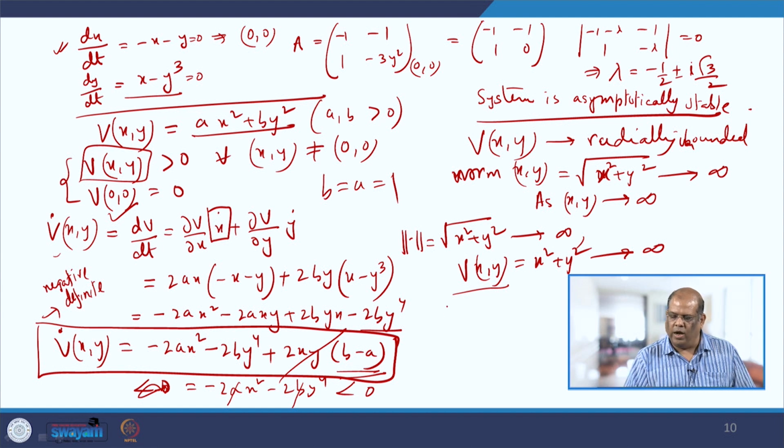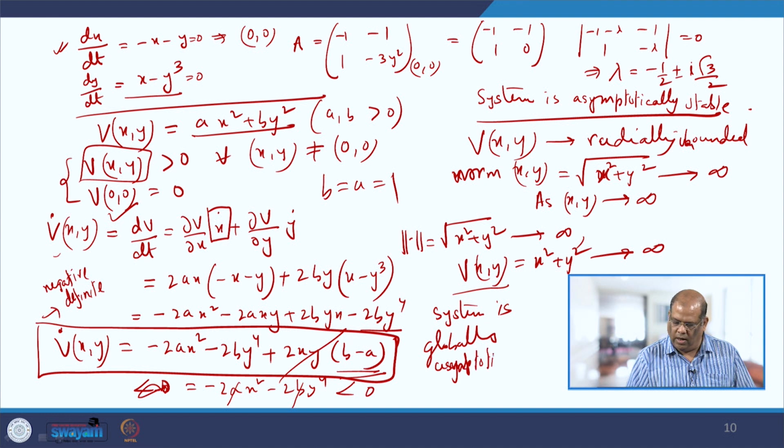So, your condition for global stability is fulfilled, and you say the system is globally asymptotically stable.